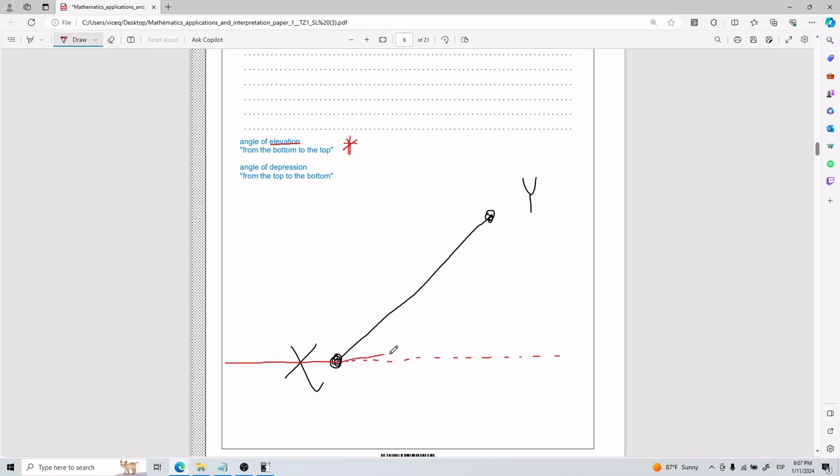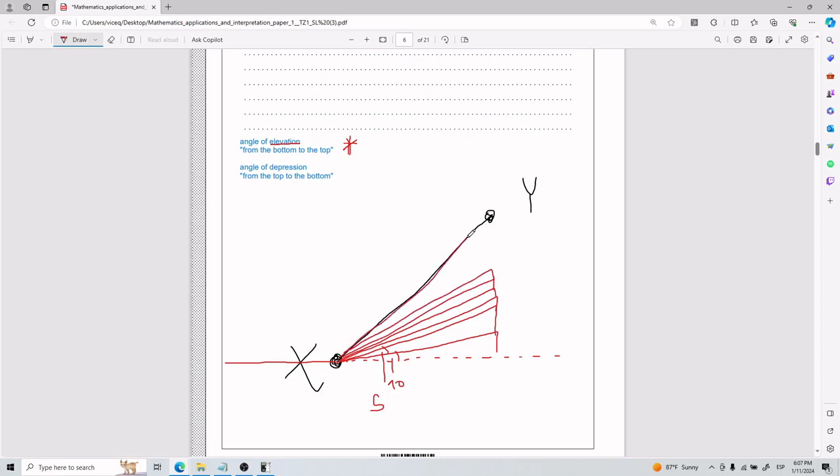For example, you can have this angle here, maybe 10, then this angle here, 5 more, and you keep drawing these lines until you reach Y.